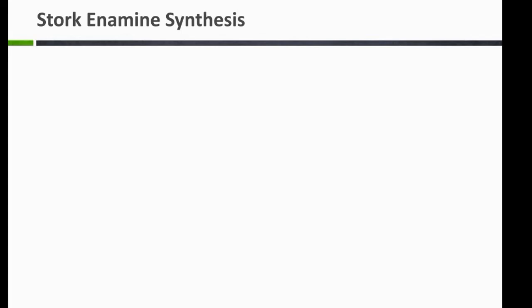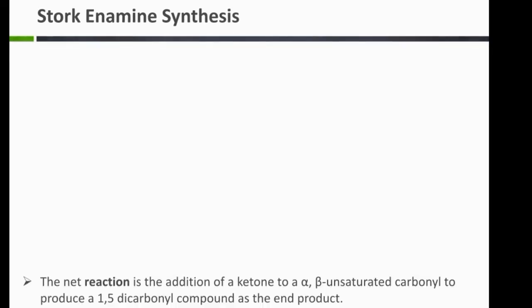One of the most important enamine reactions is the Stork enamine synthesis. Actually, enamine synthesis means it's only the alkylation of enamines. That's what we call Stork enamine synthesis. So the net reaction is the addition of a ketone to an alpha beta unsaturated carbonyl to produce a 1,5-dicarbonyl compound as the end product.